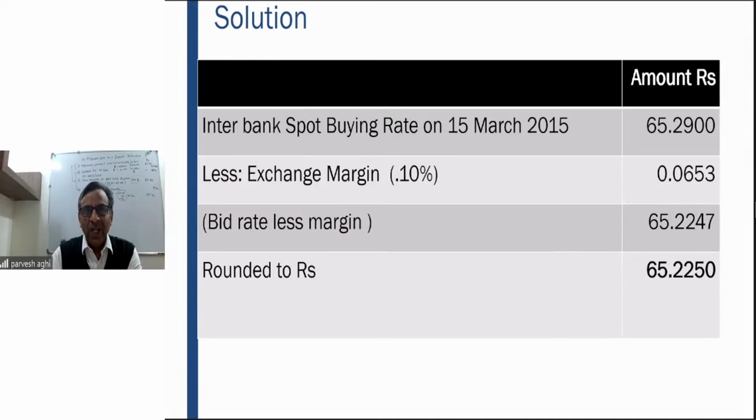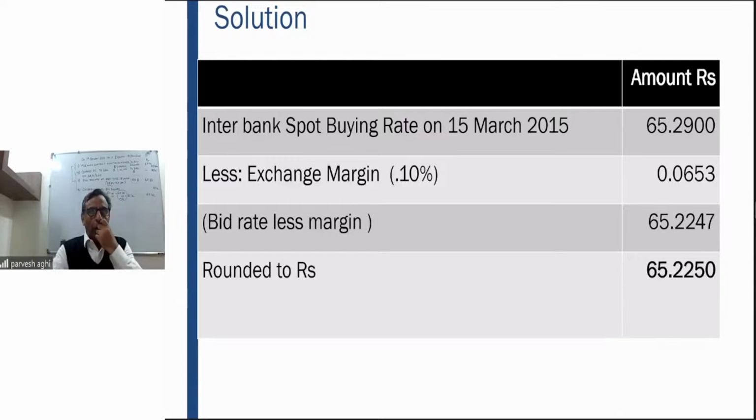Since now he's selling, he will get a rate of 65.2250, whereas the interbank rate is 65.29. The customer is going to give the dollars at 65.2250 to the bank. Okay, the bank is going to sell them in the interbank market at 65.29, making a profit on that.